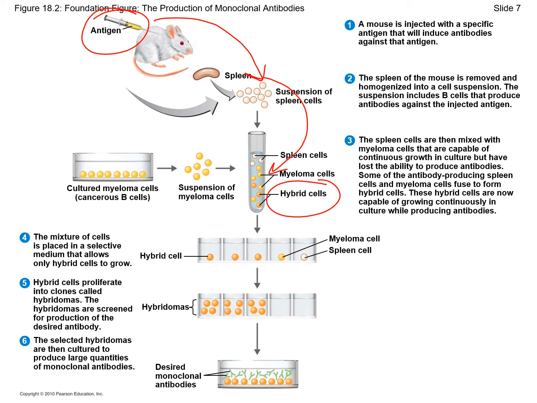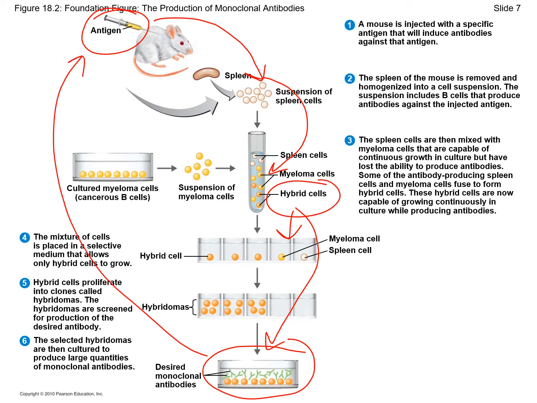Once you have formed those hybridomas, you sort them and screen them to find the one that is producing the antibody that recognizes the antigen you injected in the first place. And again, once you have done this, it is very easy to maintain these cells in culture, and now you have a constant source of the antibody you can use for all your diagnostic tests.